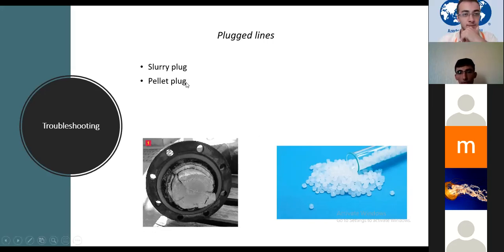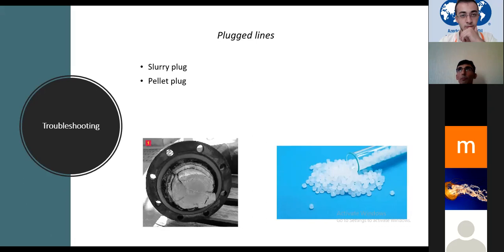And also pellet plug can be experienced in polymer plants. So on the right photo, you can see these are pellets. And as I told you before, when I was talking about blowers, we use air blowers and we use nitrogen blowers. Okay, let me explain. We use nitrogen blowers for what we call powder.